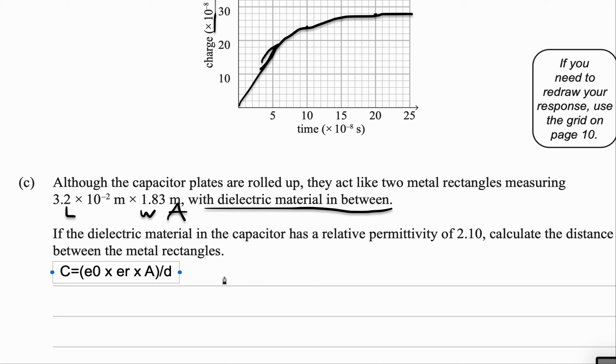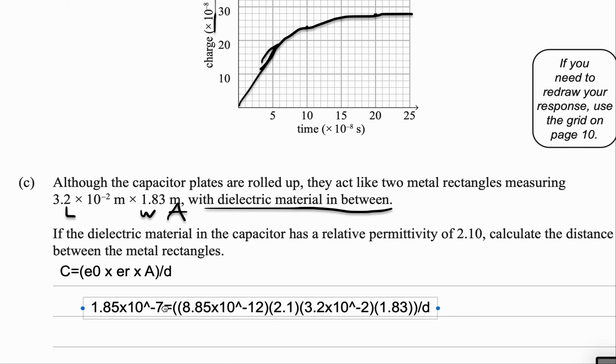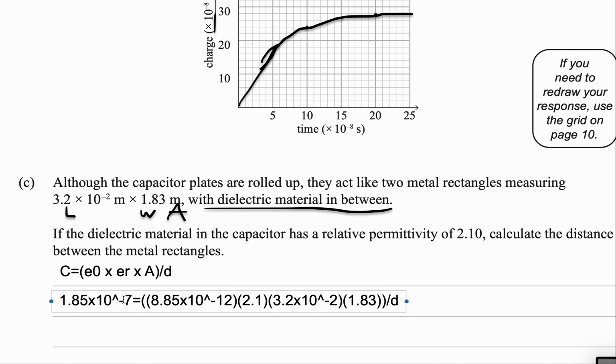Just going to use this formula that we're given, where it's capacitance and the permeabilities times area divided by distance. All we're going to do, plug in our values, which we found earlier in the question as well.